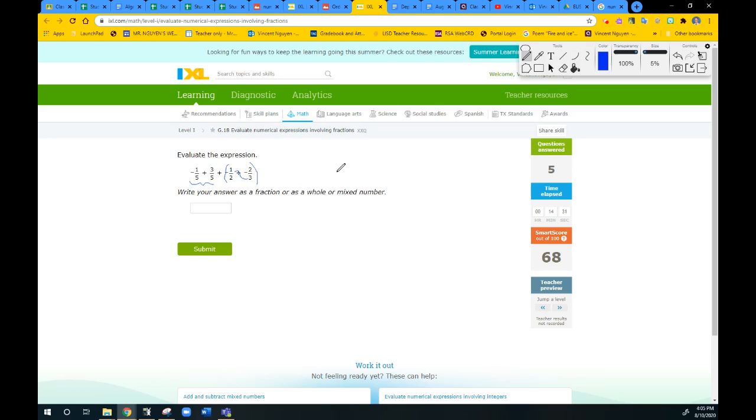So -1 times 3 is -3 over 2 times -2 is -4. We have two negatives, which means we're going to get a positive number, because negative divided by negative is positive. So +3/4.